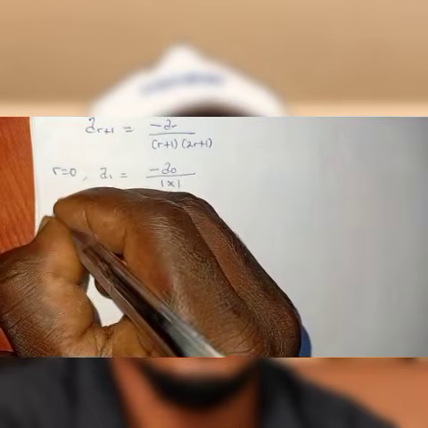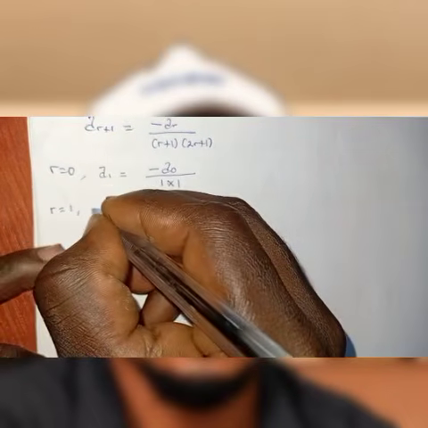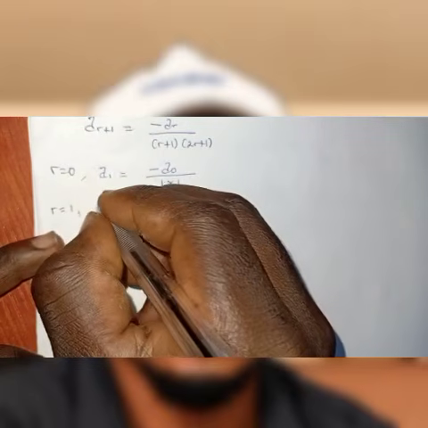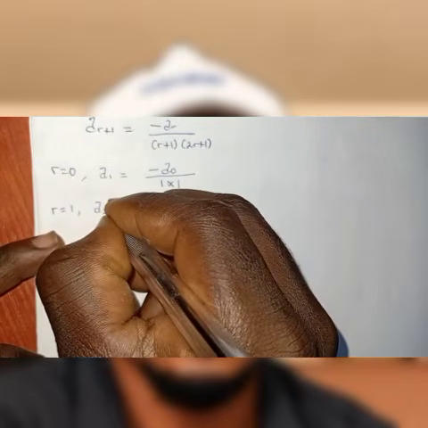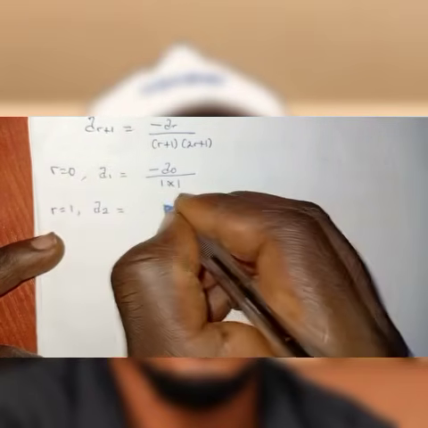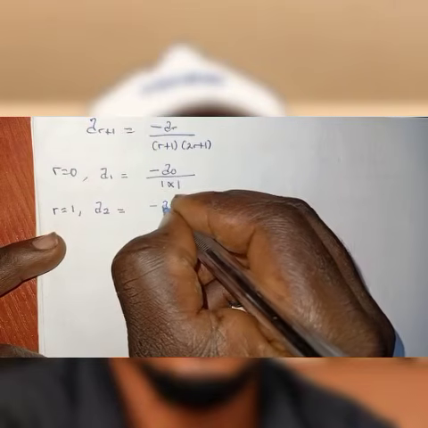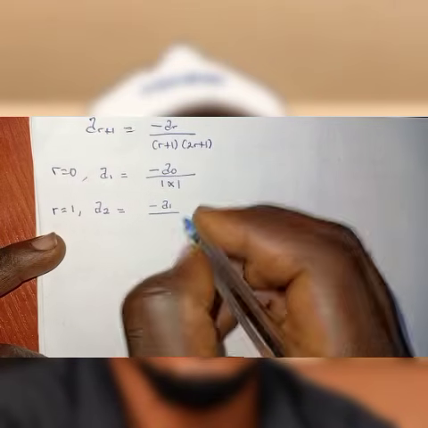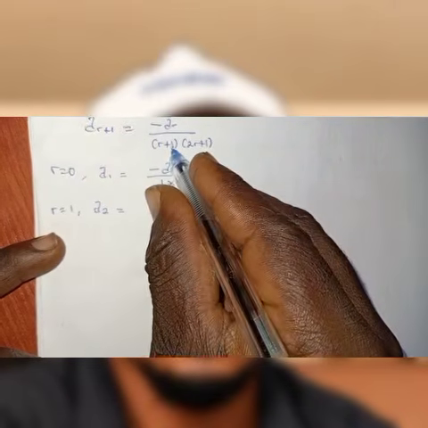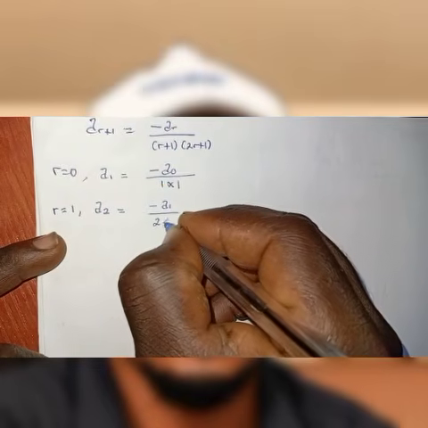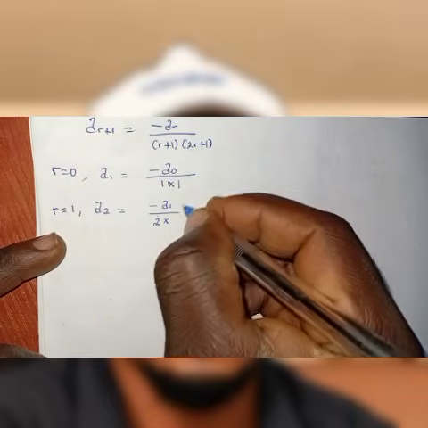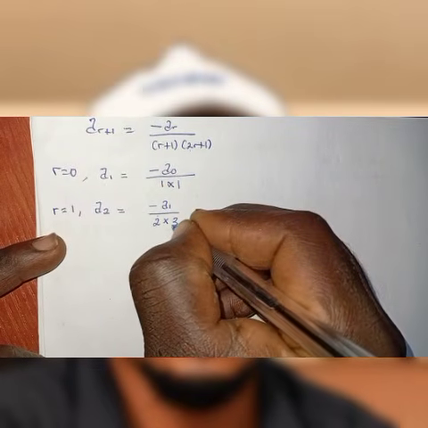Now when r equals to 1, if I put 1 here, I have a_2 equals to minus a_1 over, if I put 1 here, that will be 2, then 2 times 1 plus 1, so that will be 3.